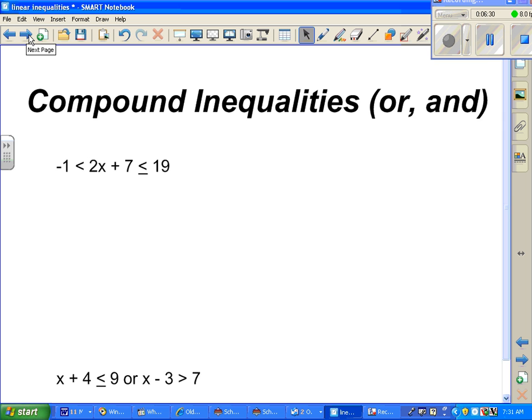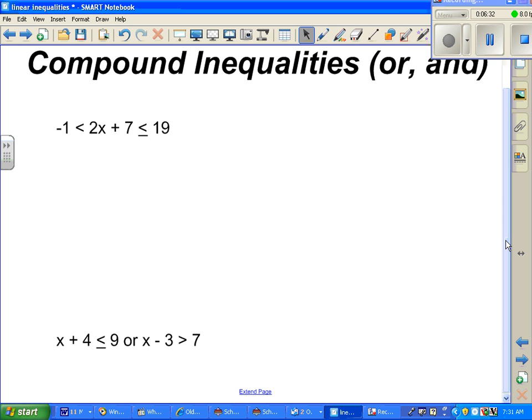Okay? Compound inequalities. Now here's the same idea with bounds, except now we've just got equations. So what we're going to do is we're going to piece each thing together. So negative 1 is less than 2x plus 7. And then this piece.